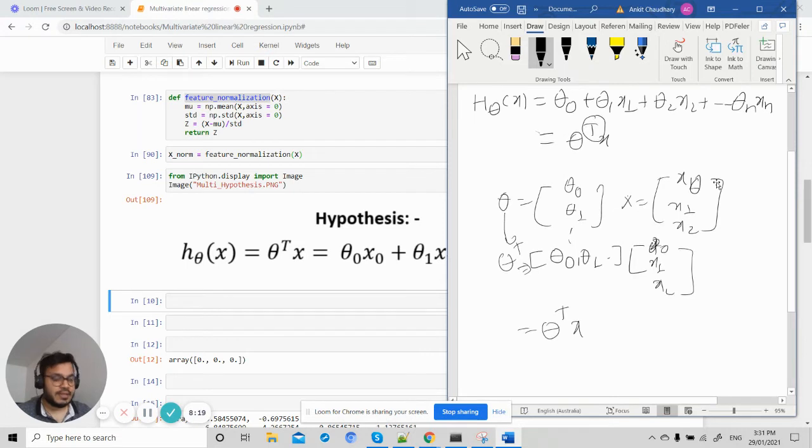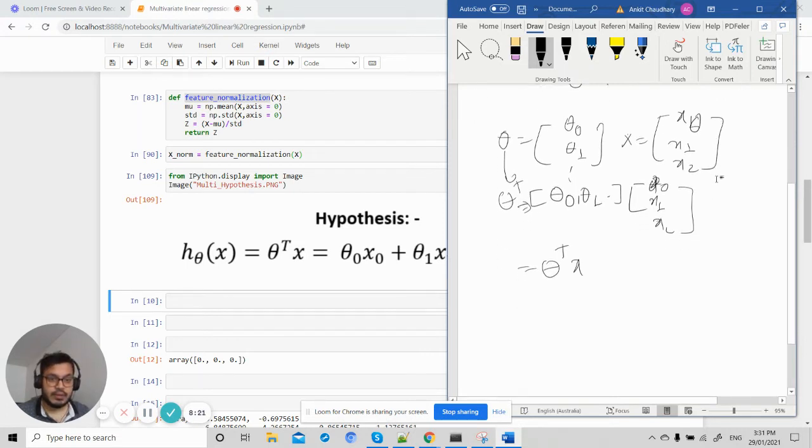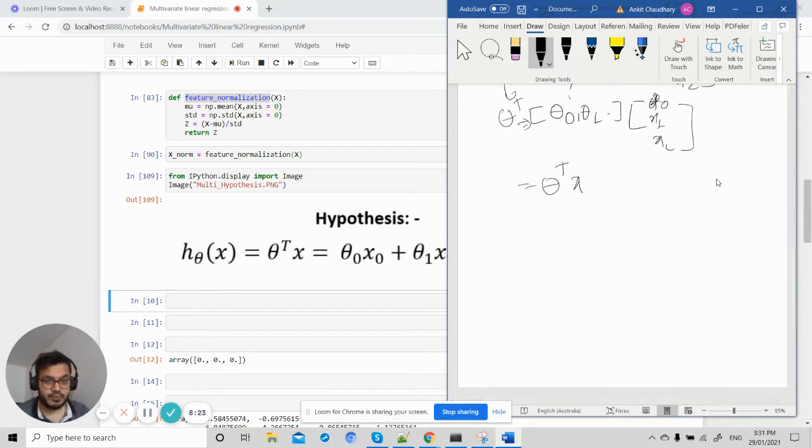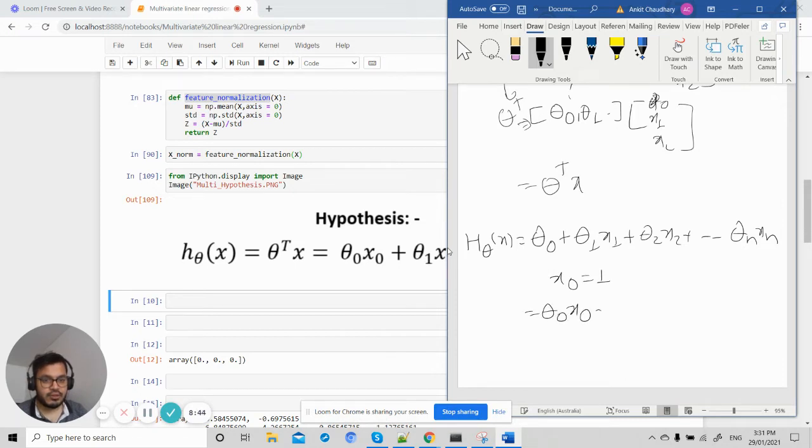One thing to note is that our hypothesis h theta of x is theta naught plus theta 1 x1 plus theta 2 x2 up to theta n xn. So we are assuming our x naught is equal to 1, so theta naught x naught plus theta 1 x1 plus up to theta n xn.